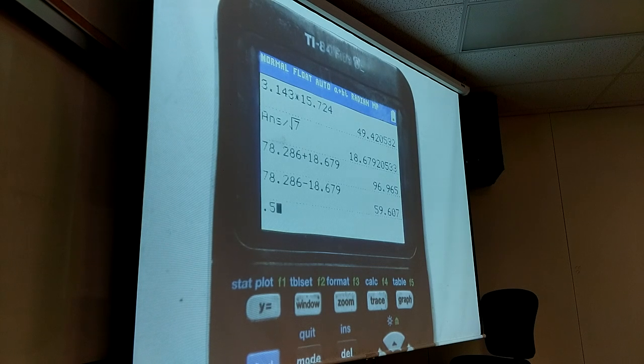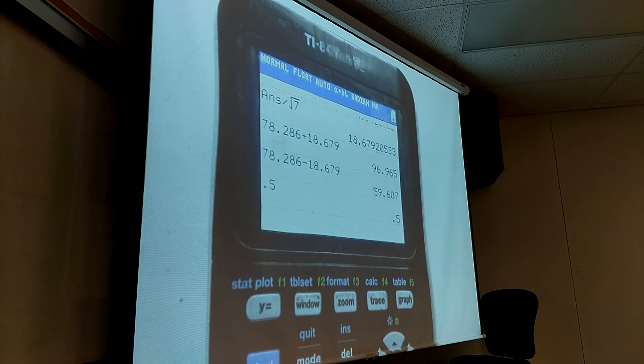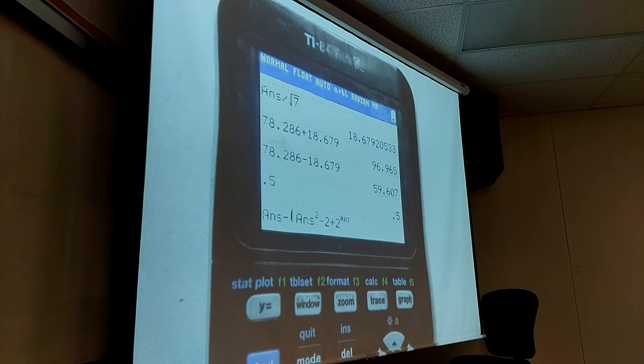If I want my guess to be 0.5, then I can build in this idea, answer minus all this business, divided by twice the answer plus 2 to the answer times natural log of 2.